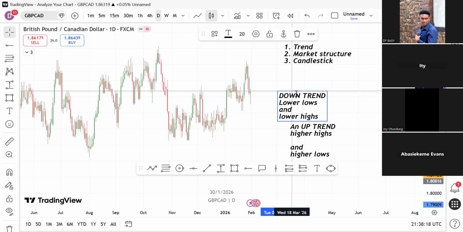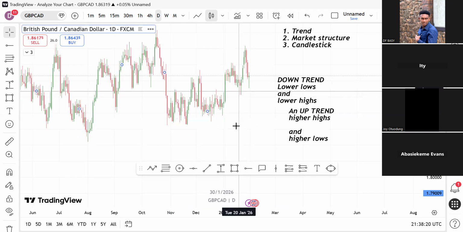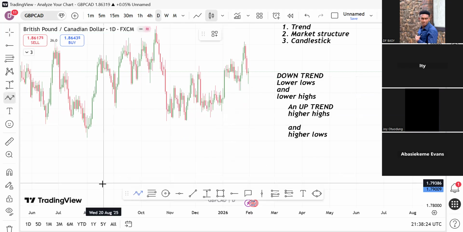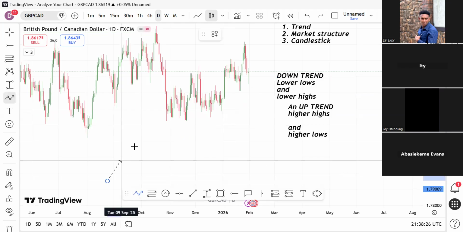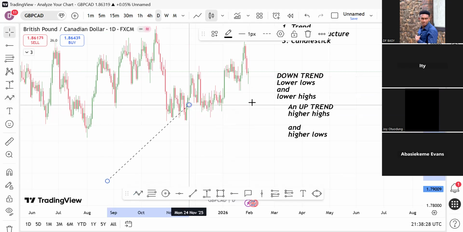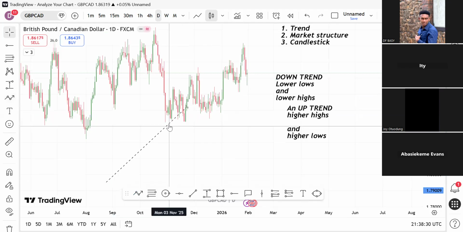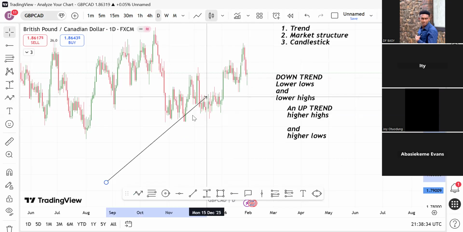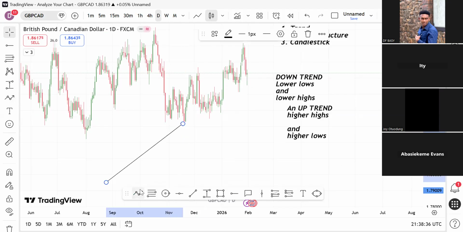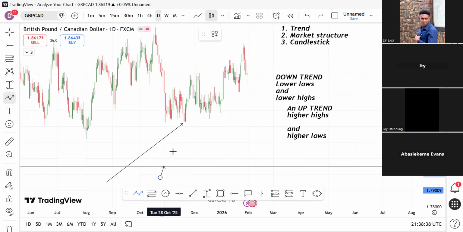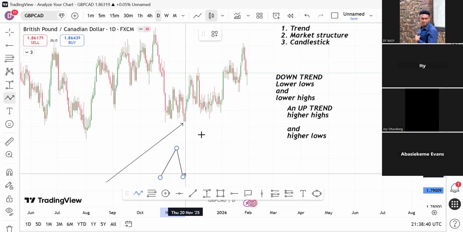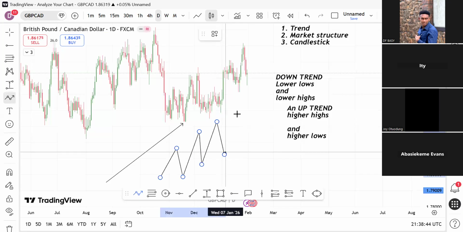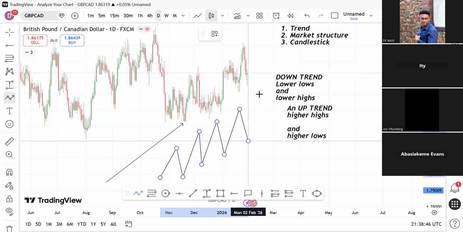So I'll show you basically how that works. When the market is moving up, it's in an uptrend. So the market is going up like this, right? Normally the market doesn't just move straight up. It moves in waves. It goes up, comes down, goes up, comes down, goes up, comes down, goes up.